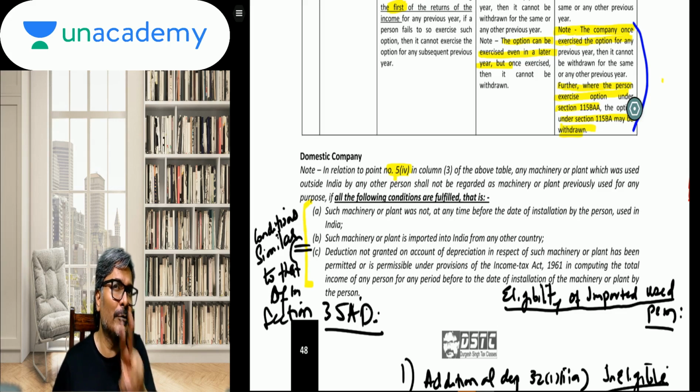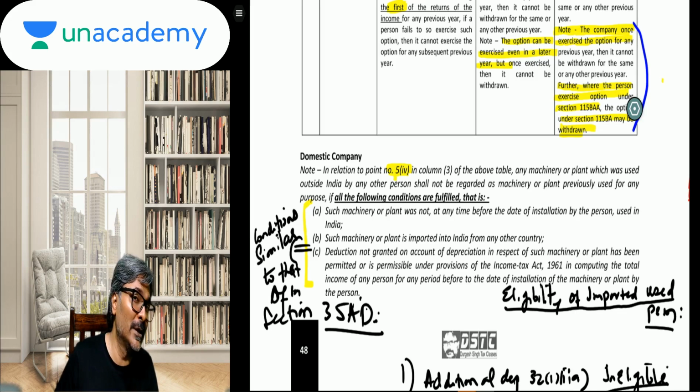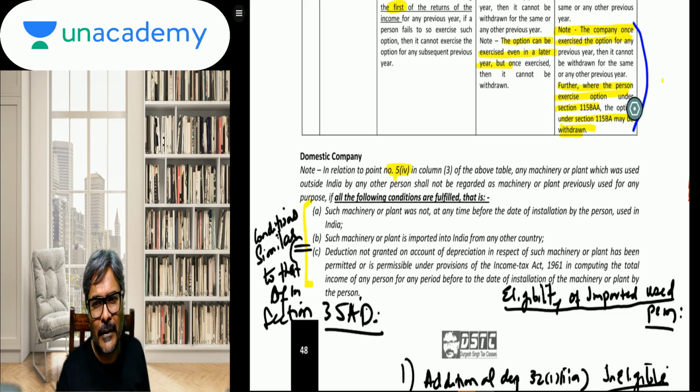Because if you can remember, we have done some comparison. Additional depreciation, if you see students 32(1)(iia), there is a strict no for additional depreciation. That is, if you want to take the additional depreciation, then with the old plant and machinery, either domestic or imported, you cannot take the additional depreciation.